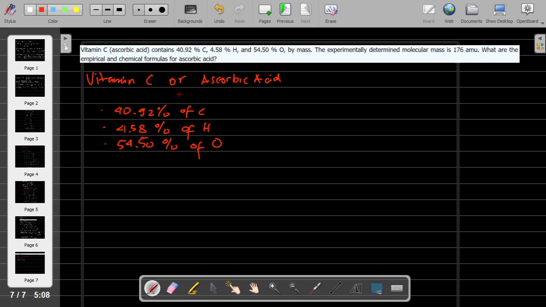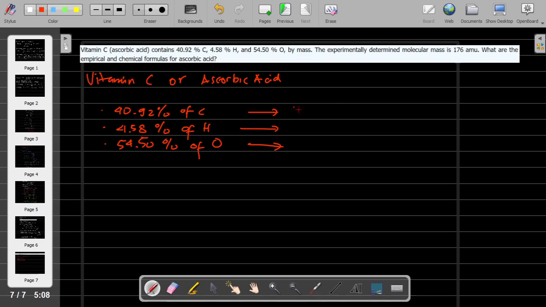Let's assume that the total amount of these elements is 100 grams. So we can assume every element has this percent of gram.